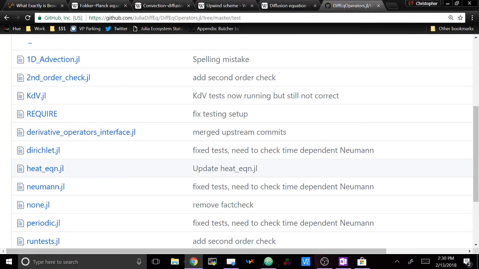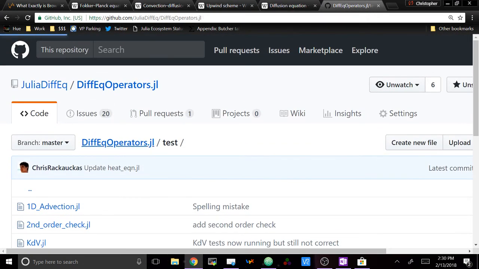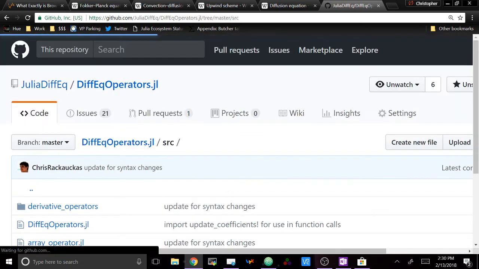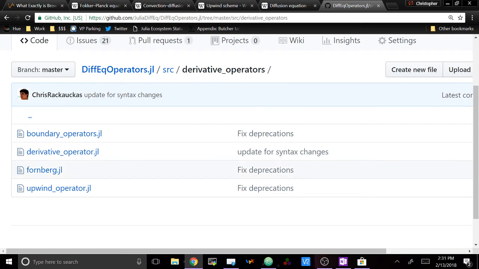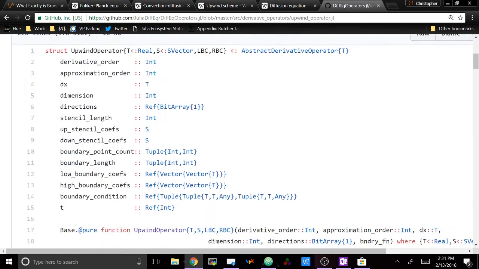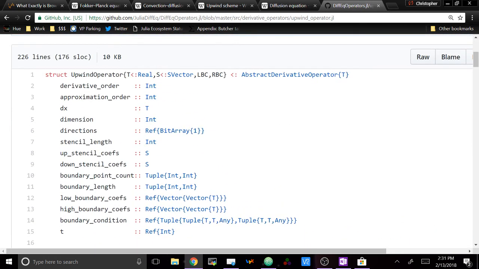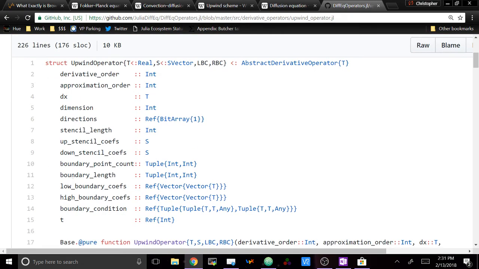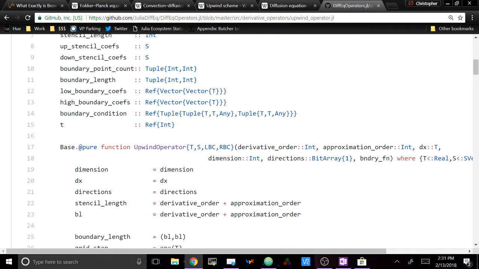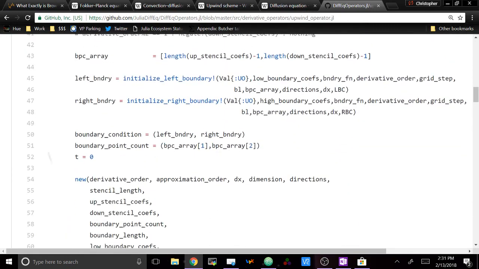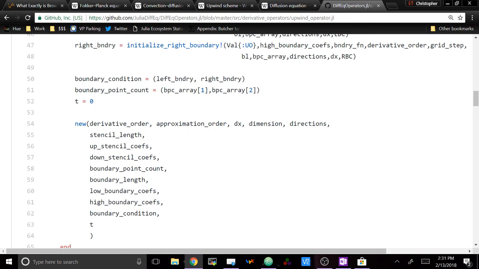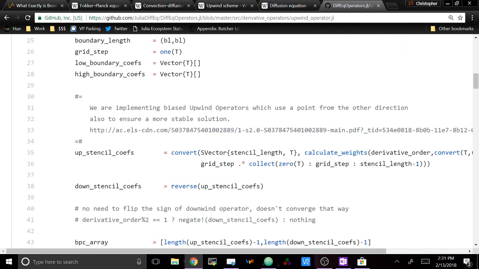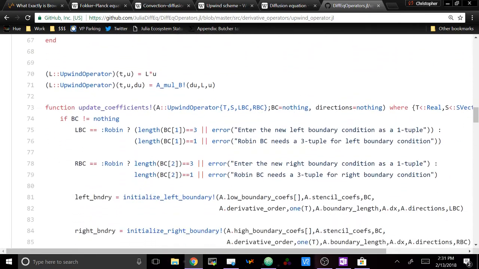And that's exactly what these upwinding operators are. So if we open up the code in the library, we go into the source here, derivative operators, go to the Upwind operator. You can see that it's actually very similar to the other scheme, except it has the directions. So when it calls the Thornbury algorithm, which is in that form.jl, it gets the one-sided derivatives, and then it sets up this operator to use that.